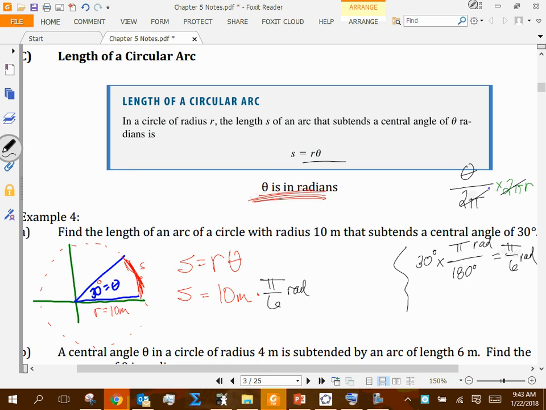Now we'll multiply those together, right? And we get, what, 10 pi over 6, which if I reduce that, I get 5 pi over 3 meter times radians, right? Now, arc length should be a distance, right?